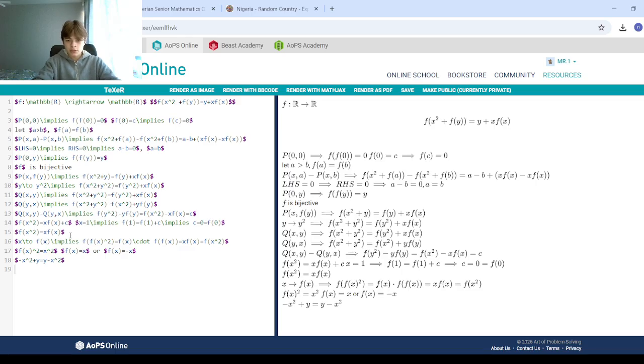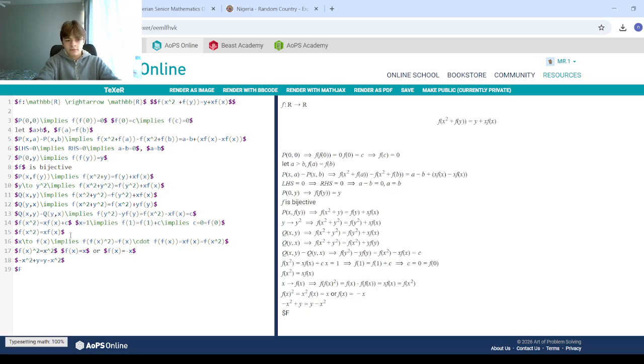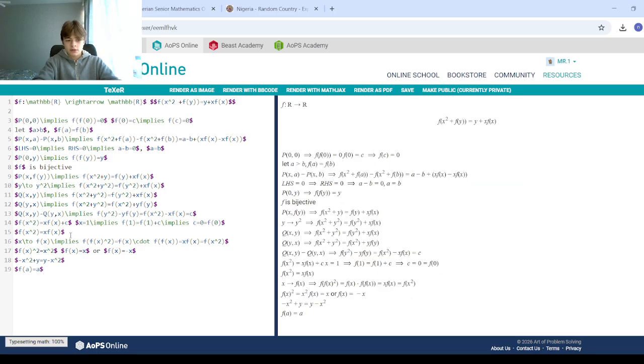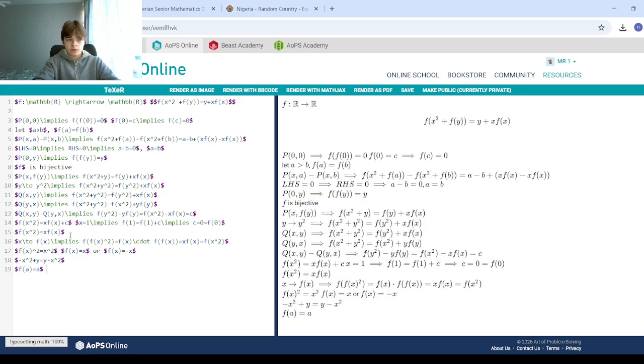Now we have to check if there exists a such that f(a) = a, and for every x in the real numbers except a, f(x) = −x.